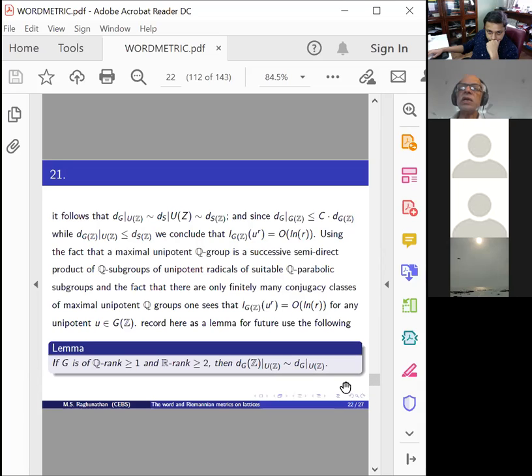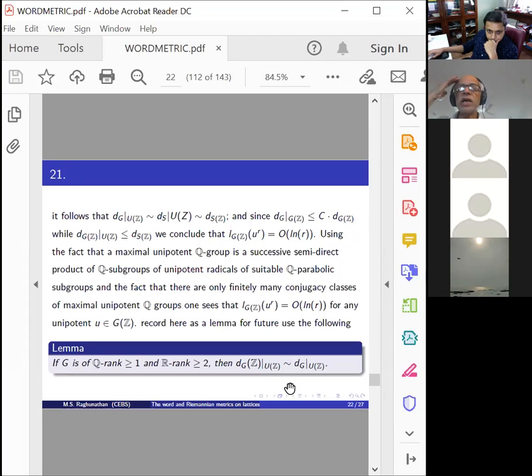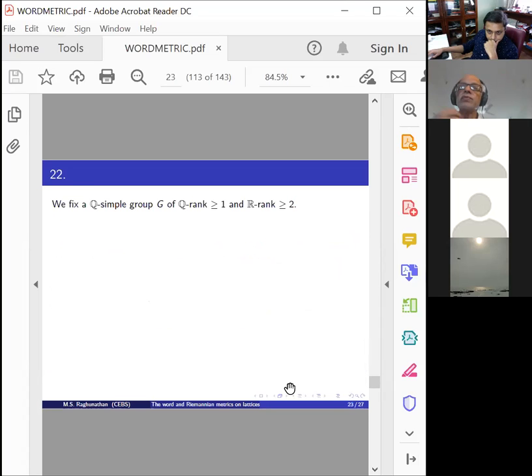So we have proved the statement that the word length of U to the power R is O(log n R) for all unipotent elements in the integral points GZ, provided Q rank G is greater than or equal to 2, or Q rank G equals 1 and R rank G greater than or equal to 2. We want R rank G greater than or equal to 2 as the condition. That's a condition we needed for applying Margulis theorem to begin with.